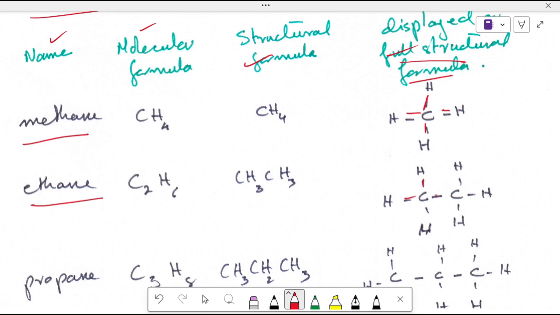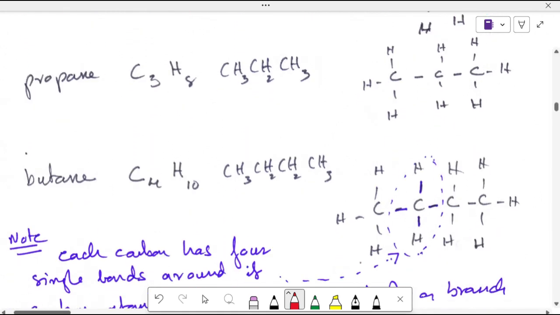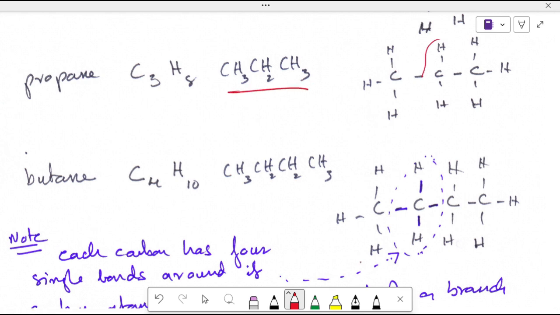In propane, C3H8, CH3, CH2, CH3, you can see the center one is CH2. And if you see the structural formula, you can see that the carbon is bonding to 2 hydrogen atoms above and below, and right and left it is bonding with 2 carbon atoms. So altogether it is forming 4 covalent bonds.